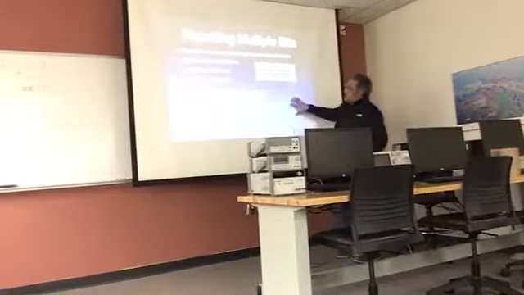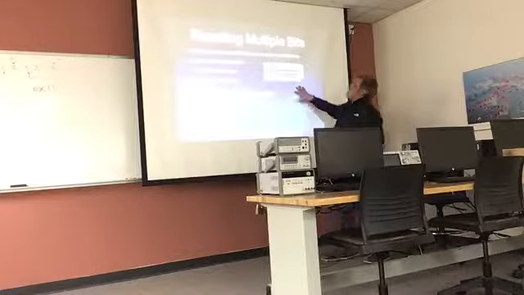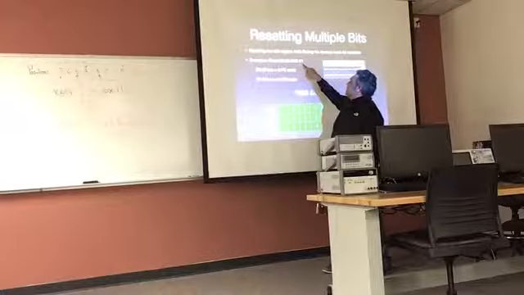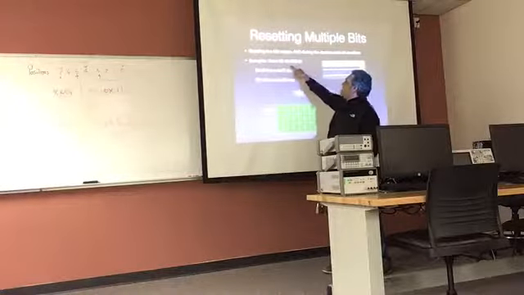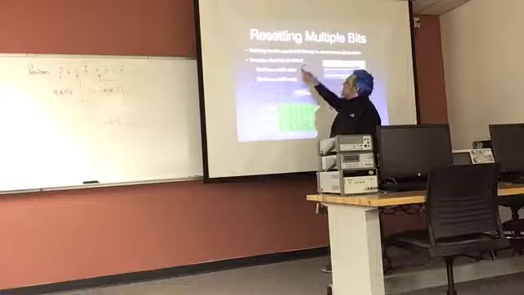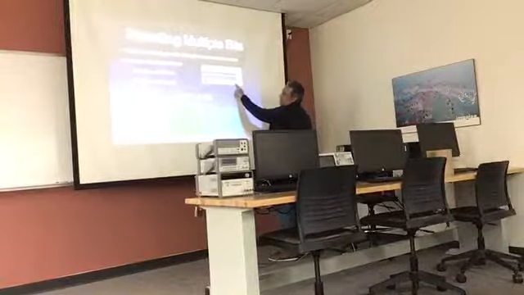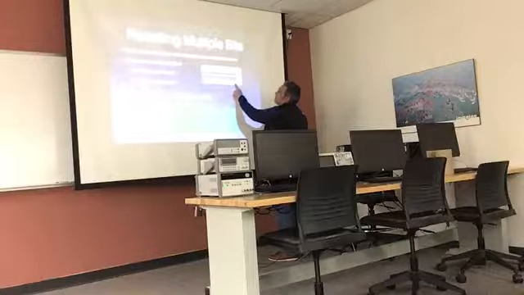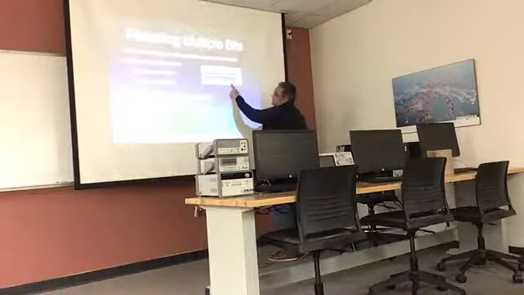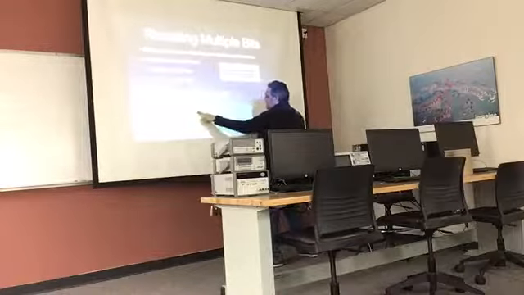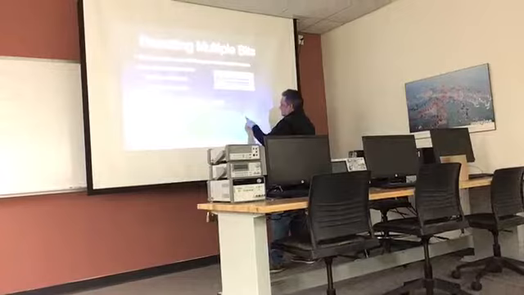Notice that it's the same idea like before. If I want to reset 0 and 1, right? The mask for bit 0, according to the table, is FE. And the mask for 1 is FD. So FE looks like this, 0 in this spot.